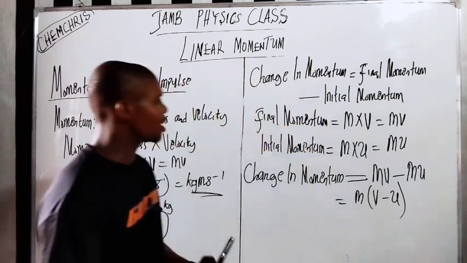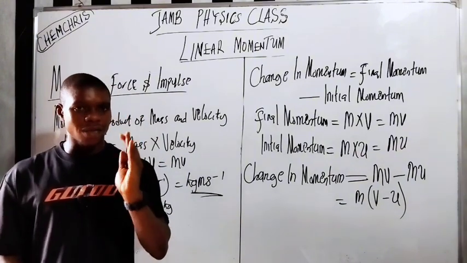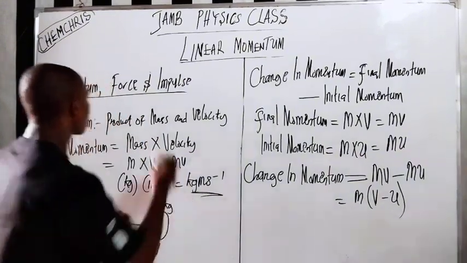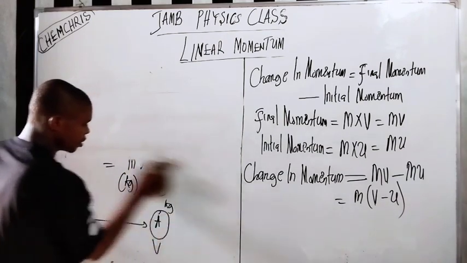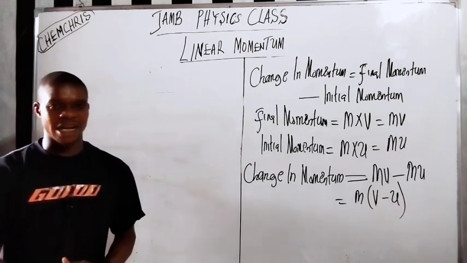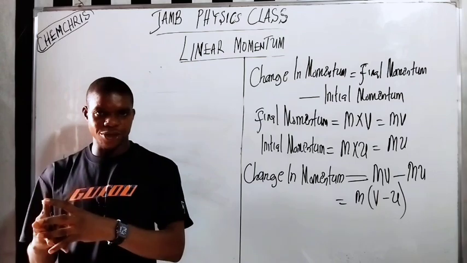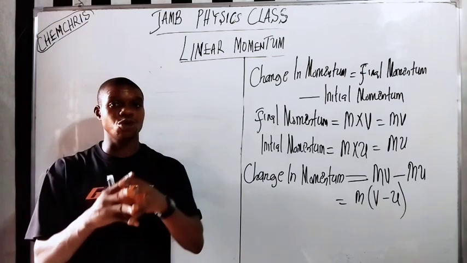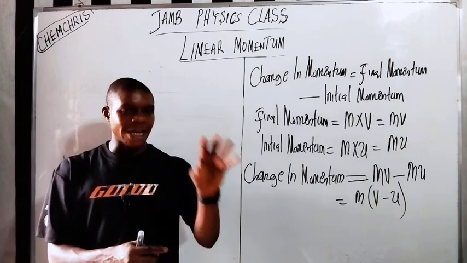So the next one to look at is the second law, which is called the law of acceleration. If you look at it very well, the rate of change of momentum is directly proportional to the applied force and acts in the direction of that force.